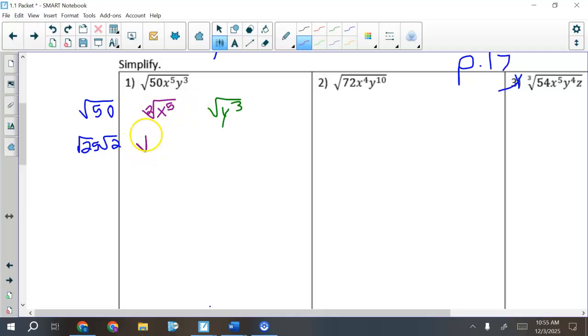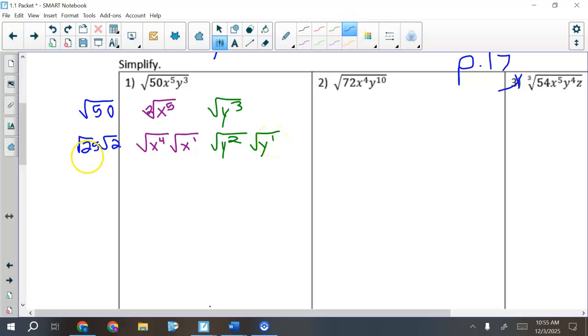So we could rewrite that as the square root of x to the fourth, but then what we have left under to make x to the fifth would be another x to the first, or just x. And then for the y's, we have the square root of y to the third, so the even one below 3 would be a 2, and then we'd be left with 1 left over.